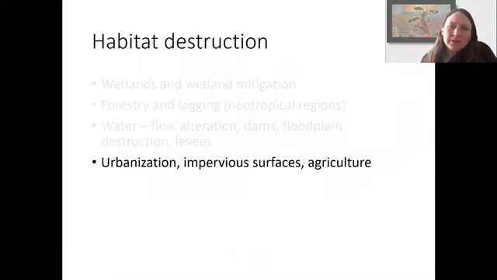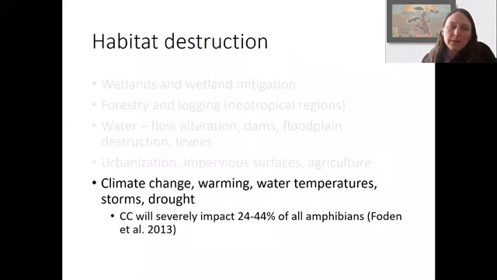The final factor in terms of habitat destruction is urbanization, the growth of impervious surfaces like roads and parking lots, and agriculture, which has also destroyed some critical amphibian habitat.